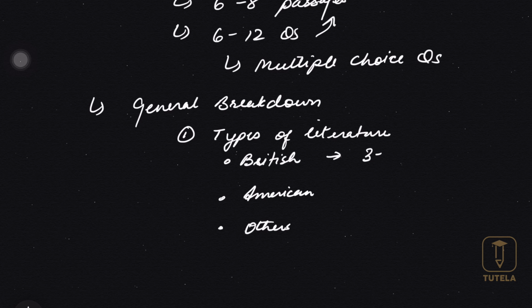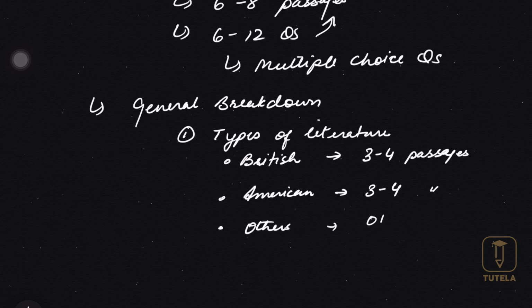Mostly, you may find 3 to 4 passages of this type. Then, American literature, again produced by American authors. You will find 3 to 4 passages from this section as well. There are others. Others include world literature written in English. You will find 0 to 1 passages or excerpts from such sections.